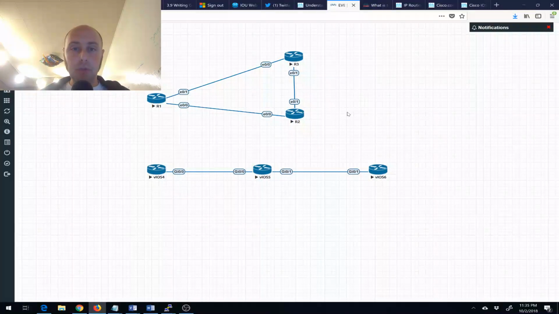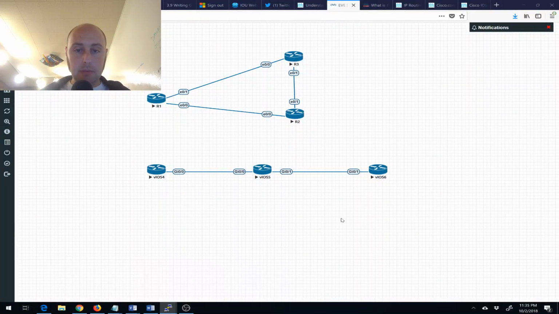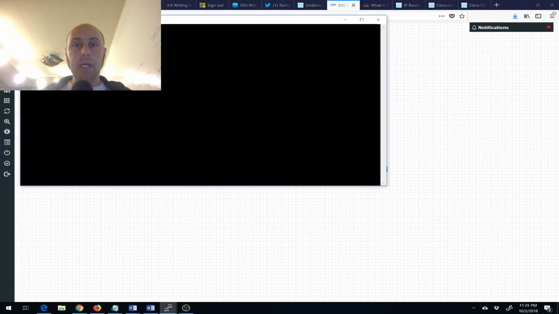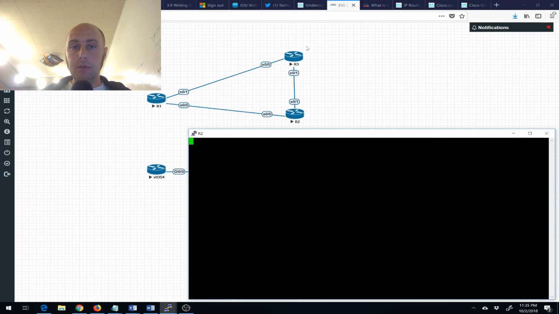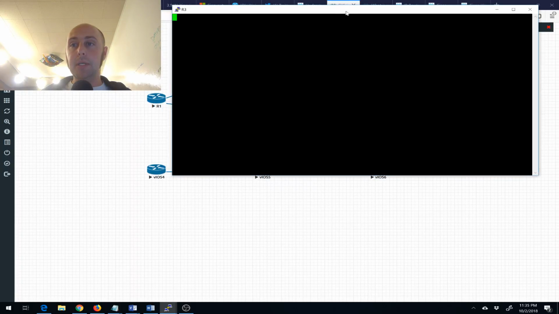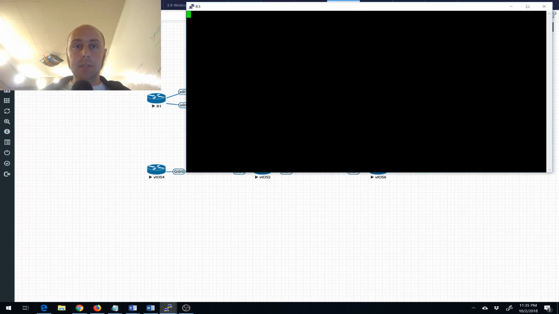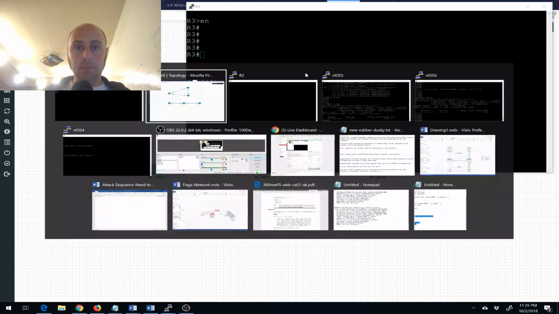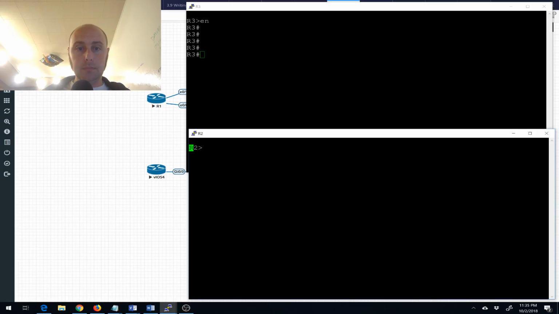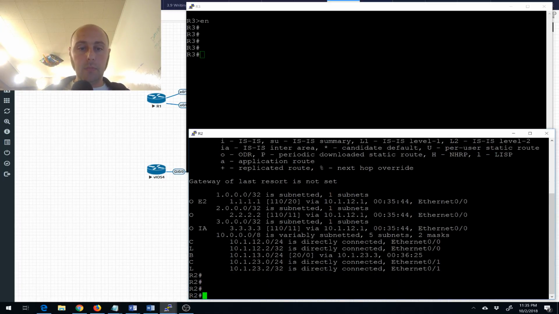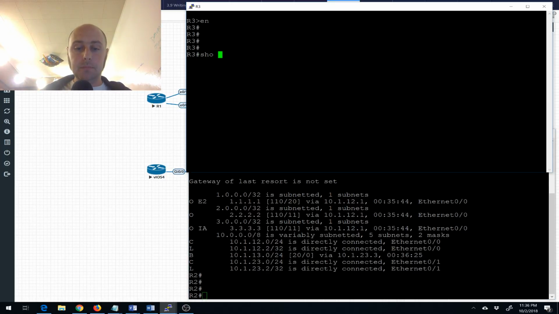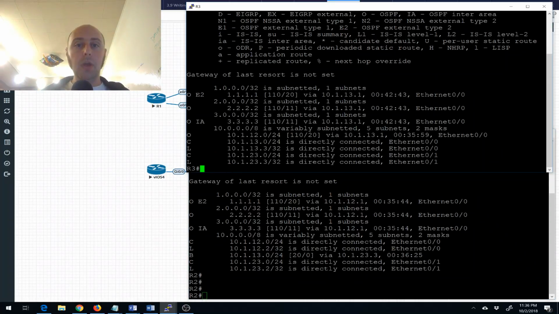And to prove this, we'll just open up the lab, which I have router 2, put that on the bottom, router 3, I'll put that on top. So here we are on router 3 and router 2, and you see we have the exact same routing table.